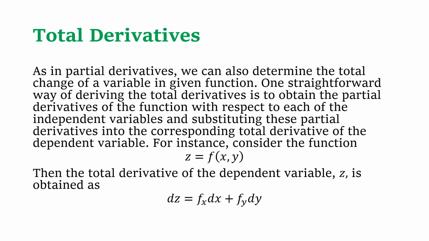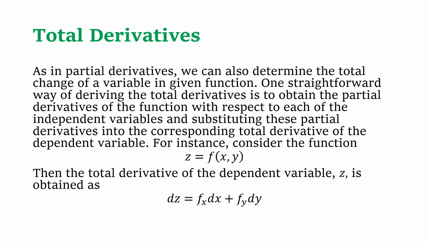There is a different notation here. Remember, for the partial derivatives, we are using curly d's, right? But here, we are going to use the actual d as the derivatives for a function with one independent variable. So we have dz here, which is equal to fx dx plus fy dy, right?